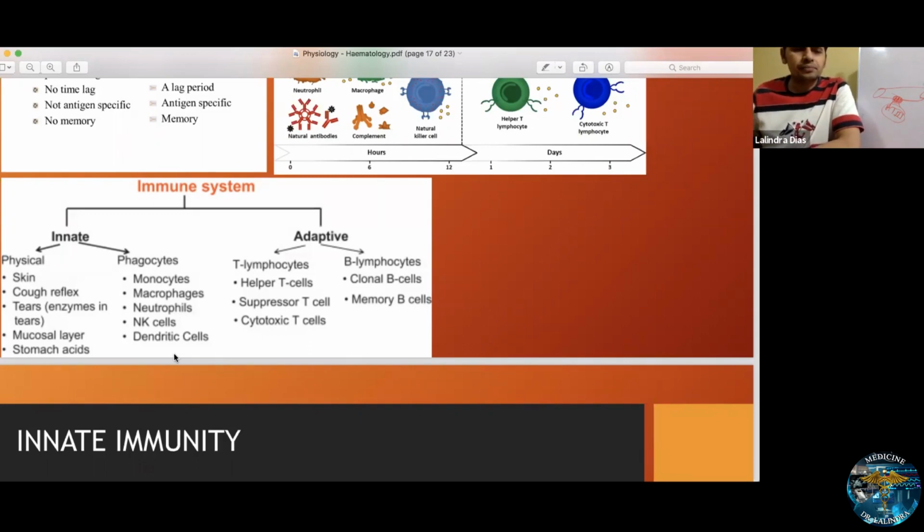In the adaptive pathway, T lymphocytes include helper T cells, suppressor T cells, and cytotoxic T cells. Cytotoxic T cells are the ones which have CD8.